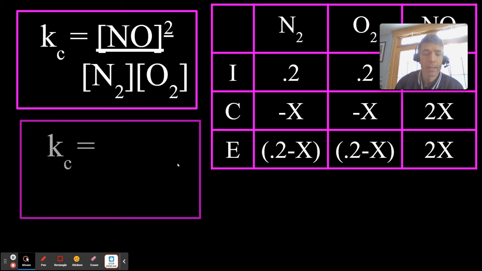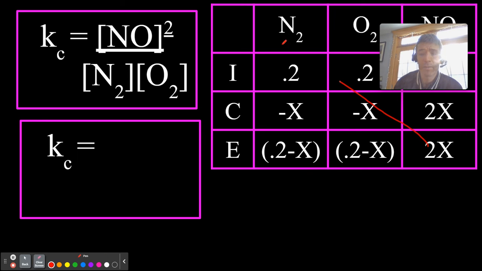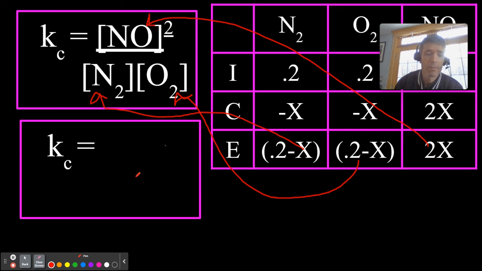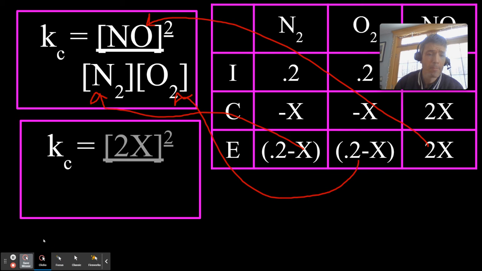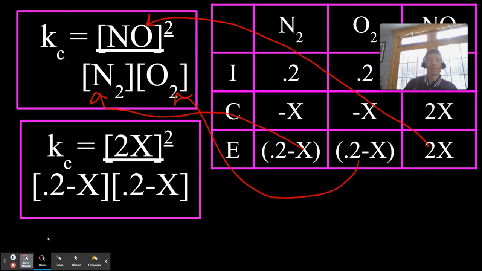And we're going to plug into them. These two are going to go there and there, and this is going to go there. So this goes there, that goes there, and that goes there. And I get 2x squared over the reactant terms, and that would be my equilibrium expression.